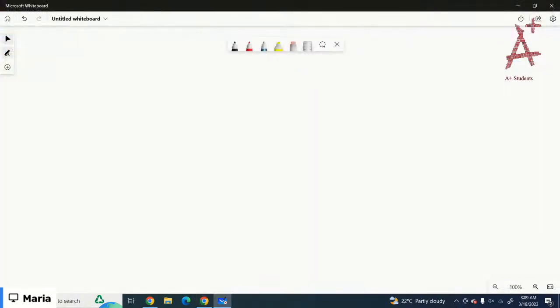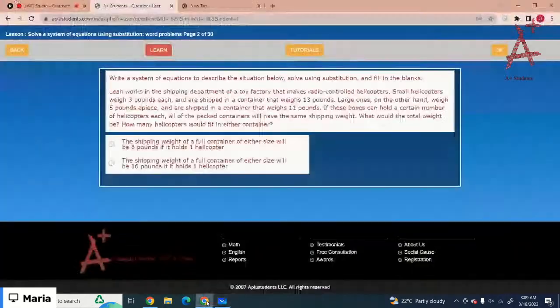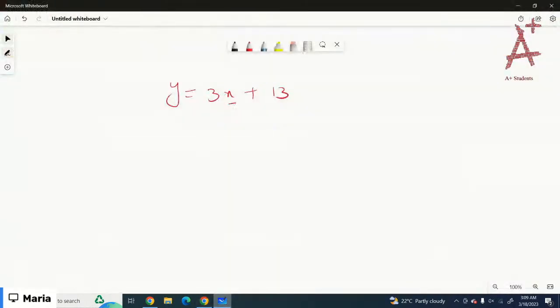So it would be y equals 3x plus 13. X is the helicopters and y is the weight. Large ones, on the other hand, weigh 5 pounds each and are shipped in a container that weighs 11 pounds. So it would be y equals 5x plus 11. So we have to solve the equations using the substitution method.